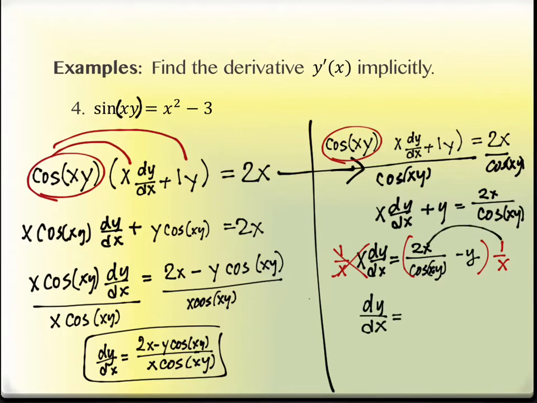If I distribute the 1 over x now, when I distribute to the first, the x will actually cancel with the numerator x. So this will just become 2 over cosine xy. And then the other piece, it will just go into the denominator of the y. And this is going to be minus y over x.